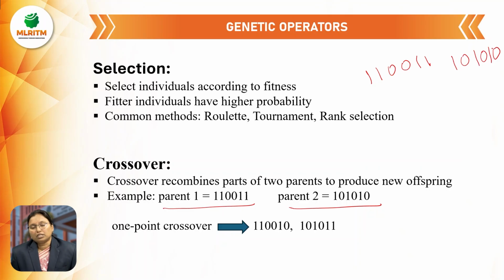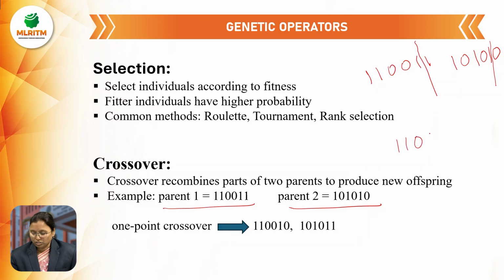There are many types of crossover: one point crossover, two point crossover, multipoint crossover, and n-type crossovers as well. Here I am taking one point crossover. What does one point crossover mean?